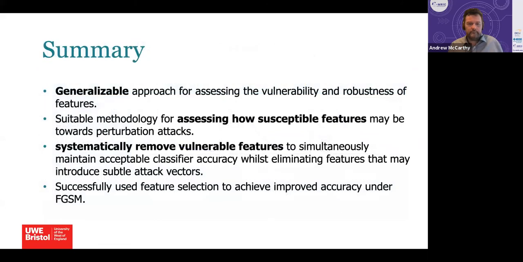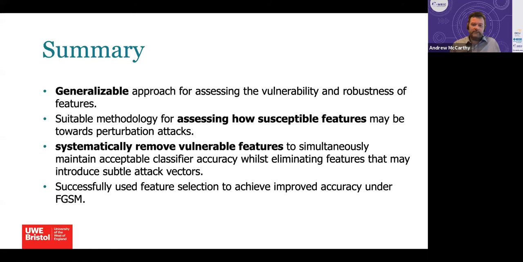So to summarize, what we've got is a generalizable approach for assessing the vulnerability and robustness of our features, a suitable methodology for assessing the susceptibility of features to perturbation attacks.